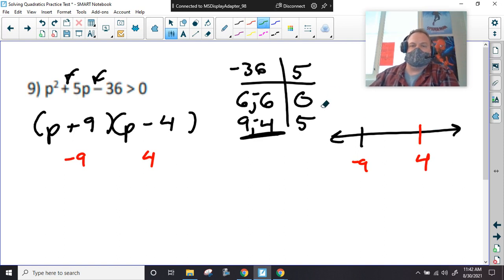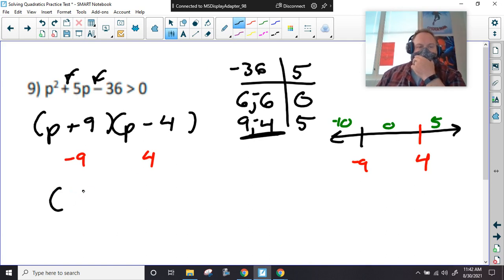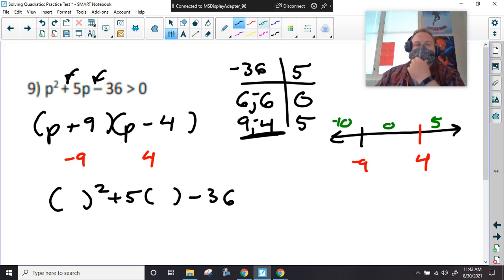All right. So we got, and then, all right. I'm trying to have these where 0 is in there, so it should be easier for you, but I don't want to pop that bubble. All right, so I'm just going to test 0. Well, this gives me -36.